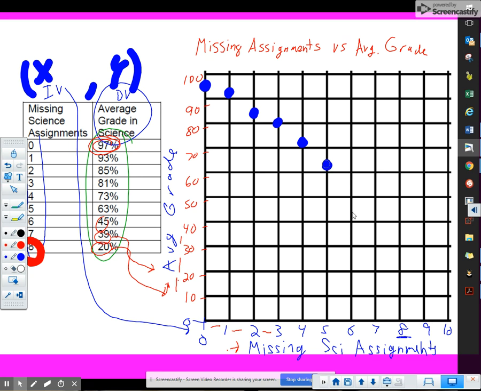Struggling to find it. I think I got it. 7 and 39. And finally, 8 and 20.